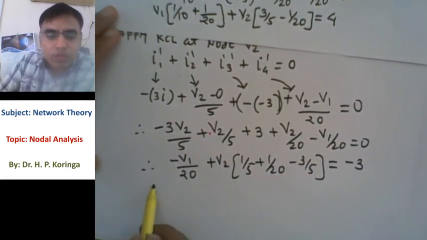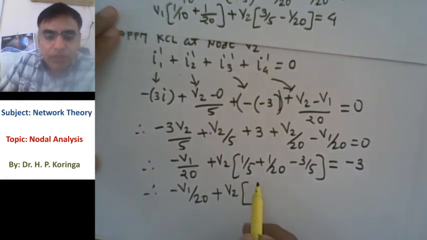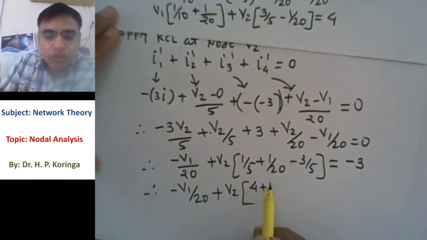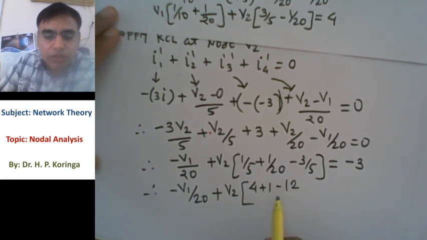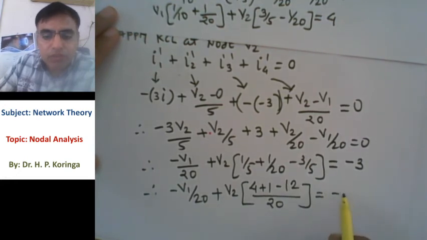Right? So let's simplify it more. It is V1 divided by 20 plus V2, let's take the LCM. So 4 plus 1, and here it is 12, so minus 4 into 3, 12, divided by 20, it is equal to minus 3.